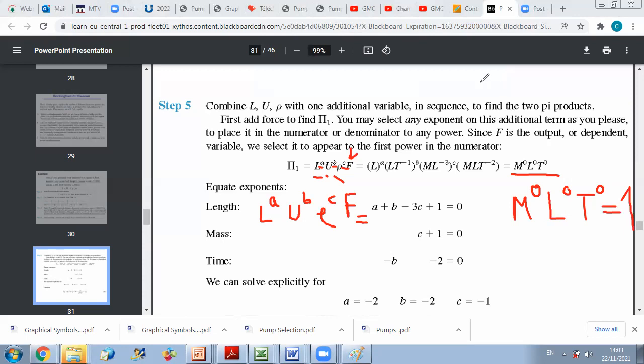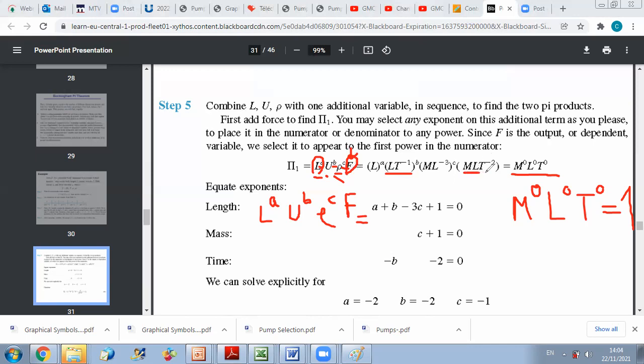Okay, now how do I proceed? I start: what is the dimension of L? I already made a table; the dimension of L is L, so I have L to the power A first. What is the dimension of U? It's L T minus 1, so I put L T minus 1 to the power B. Then what do I have for rho? It is M L minus 3, kilogram per meter cube, to the power C, times F. What is the unit of F?